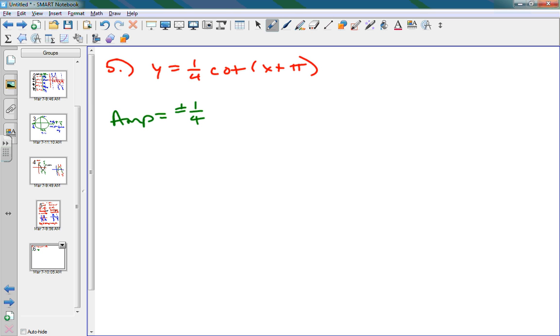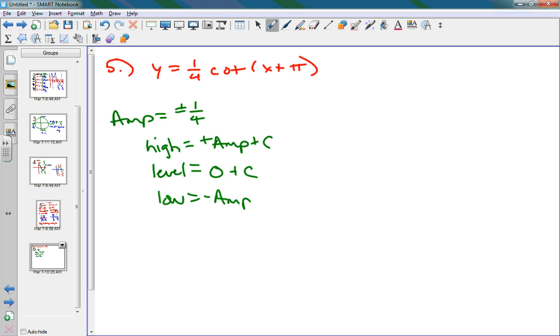Max, level, min is what we could get out of it, right? So what do you think we're going to get out of it now for tangent and cotangent? High, medium, low, right? High, level, low. Formulas are still exactly the same. They don't change. Okay? So my positive amp is going to be 1/4.